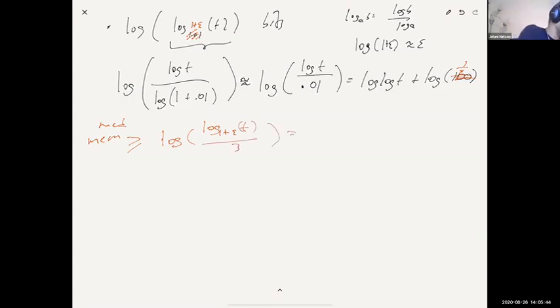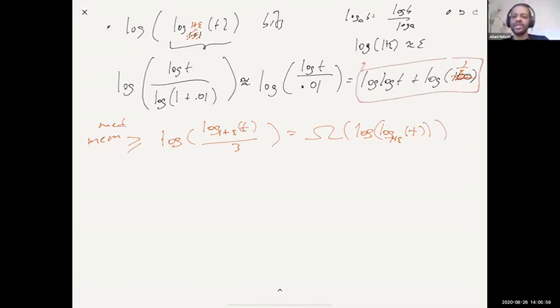But that's omega of log base 1 plus epsilon of t, right? So really, we're going to try to achieve this, but we also can't really hope to achieve much better than this by some additive constant.